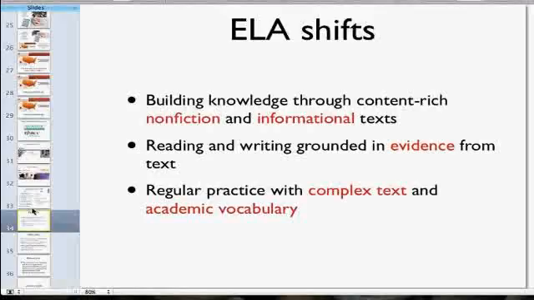So these anchor standards are going to be the same standard that builds in complexity and depth from kindergarten to 12th grade. And the three kinds of writing that English language arts will focus on are argument, narrative, and informational writing.